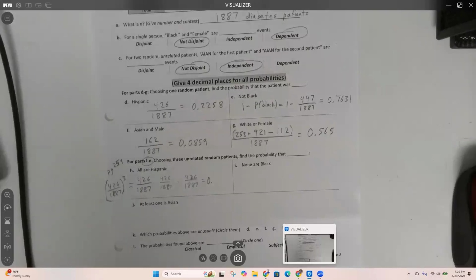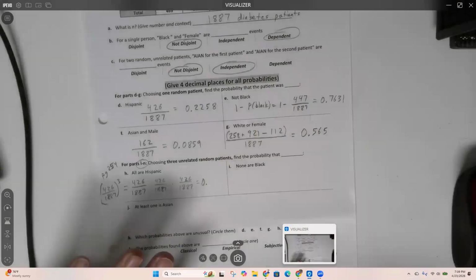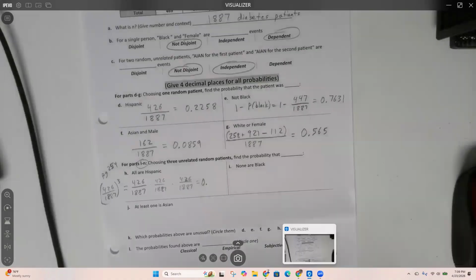Zero point 0.0510. That doesn't ring a bell with this morning.